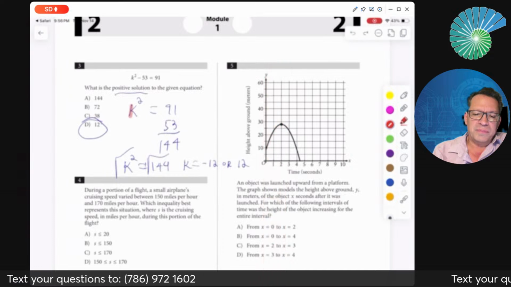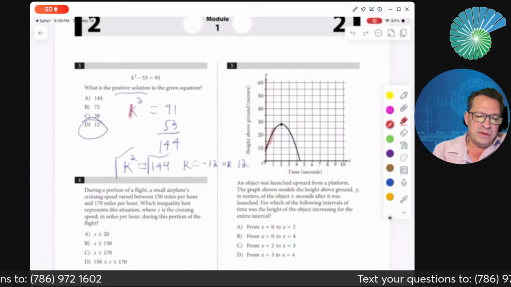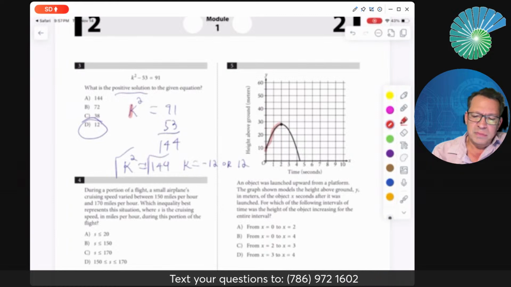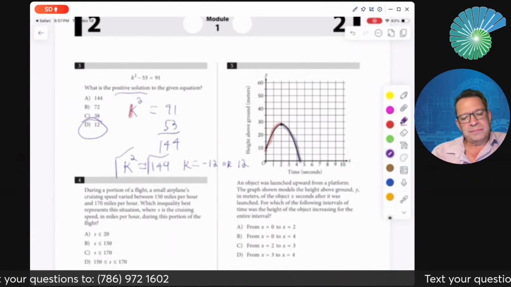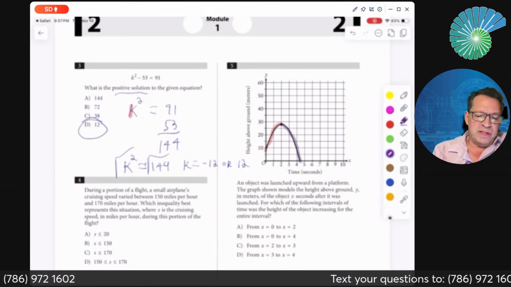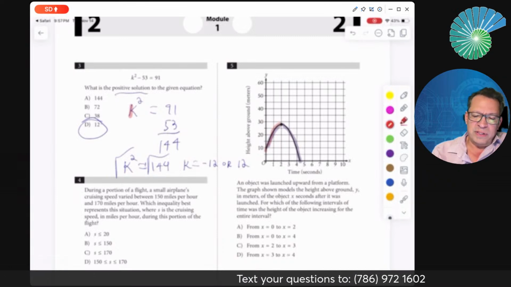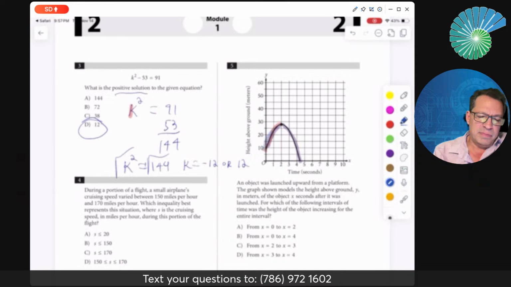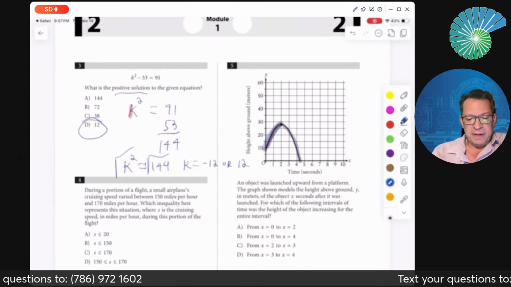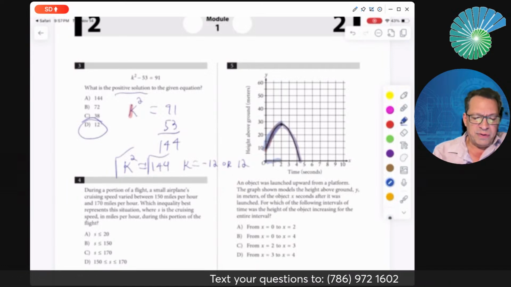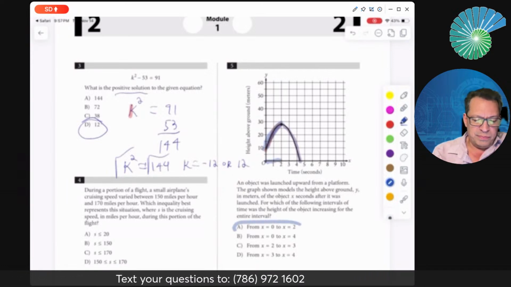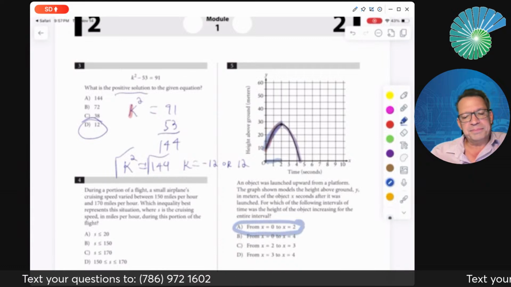Oops, sorry. And the object goes up. It reaches a maximum. And then it starts going down. So obviously during this time, it was going up. It was increasing its height. And it increases the height from 0 to 2. So that's the answer.